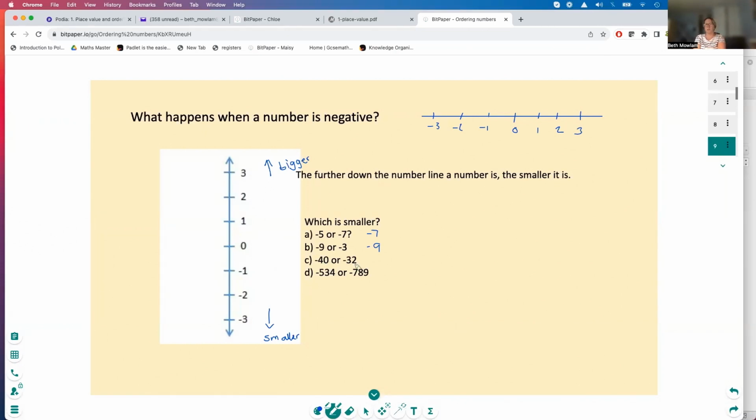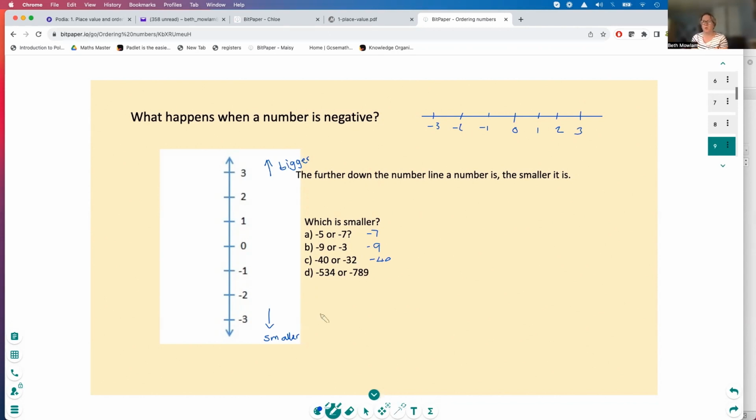-40 or -32. Hopefully you're trying to answer these before I am. -40. Think of it in terms of money as well, if you like. If you owe somebody £40, you're further in debt than if you owe them £32. So you're further down, so it's less. -534 or -789.